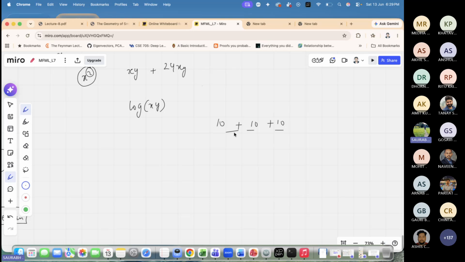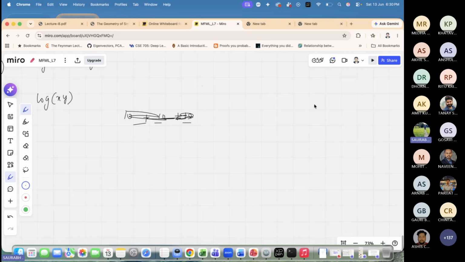This is how it is going to be. I'm not sure about it, but I'm just saying that there would be, let's say, topics 1 to 5, and then 6, 7, 8. This is all your vector calculus, and this is all your linear algebra. Now, more weightage would be given to this.